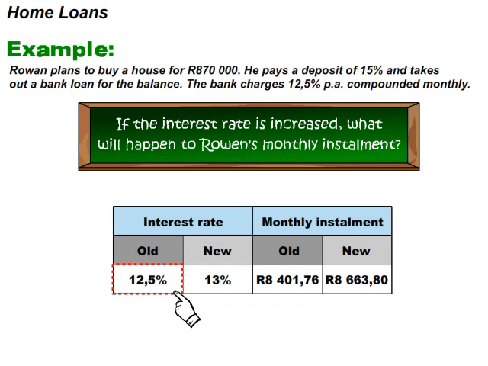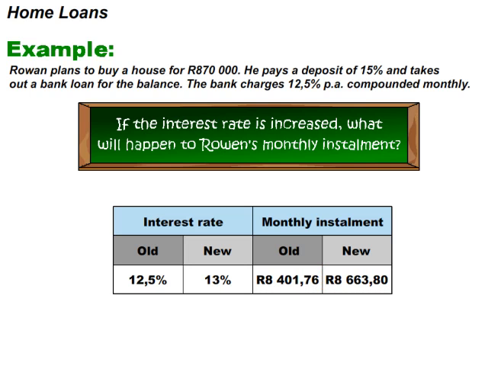At an interest rate of 12.5%, he will pay an installment of 8,401 Rand and 76 cents. At an interest rate of 13%, he will pay an installment of 8,663 Rand and 80 cents.